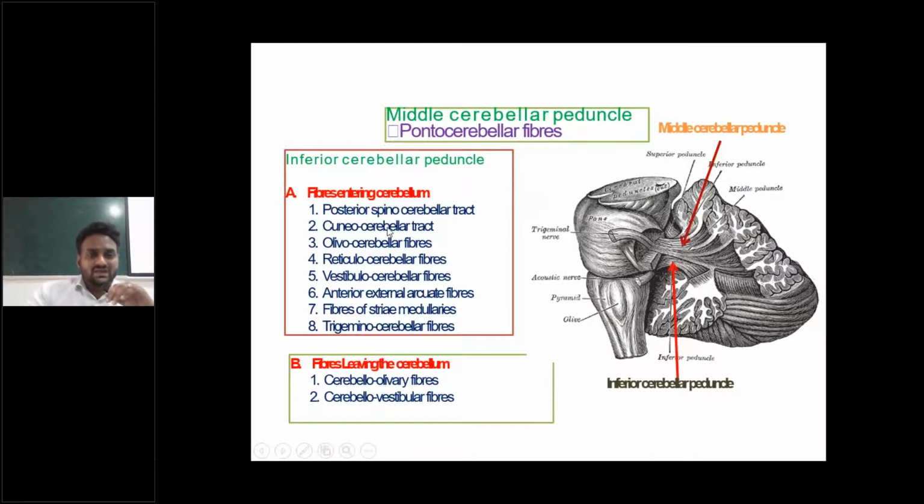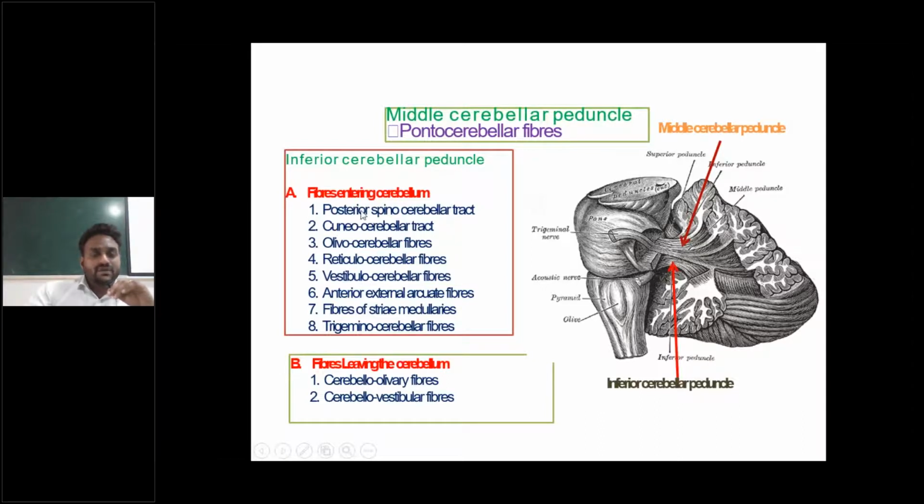Now we move to the fibers passing through the inferior cerebellar peduncle: input fibers and output fibers, afferent and efferent. Even though it is small in size anatomically, a larger number of tracts pass through the inferior cerebellar peduncle.